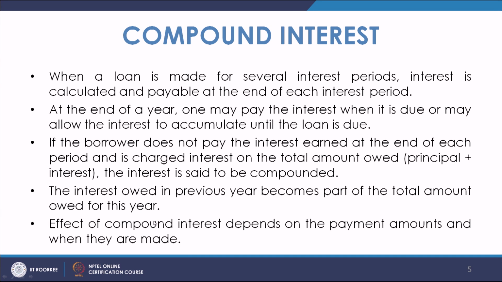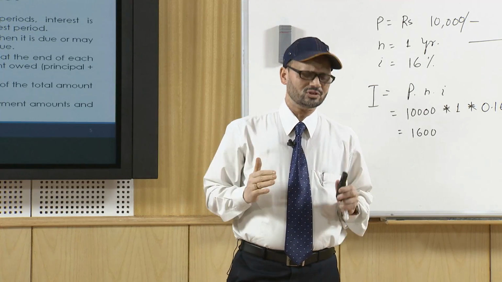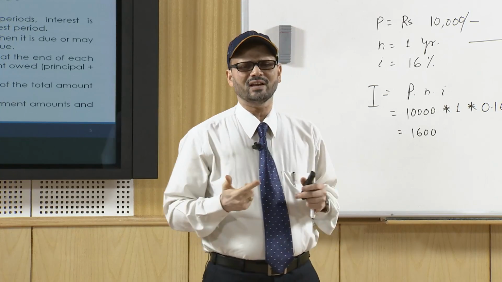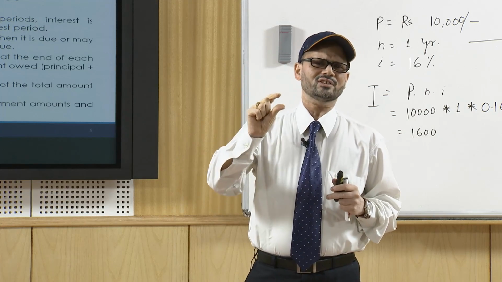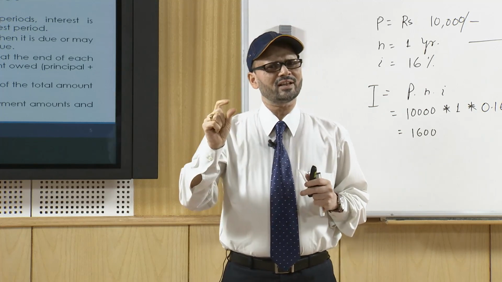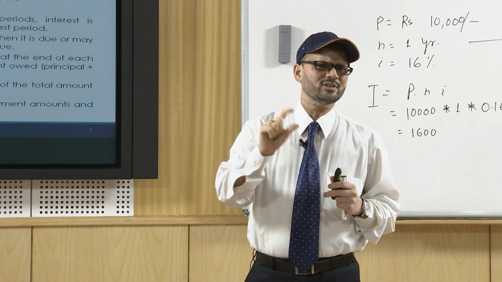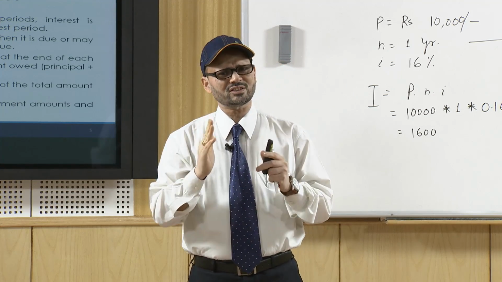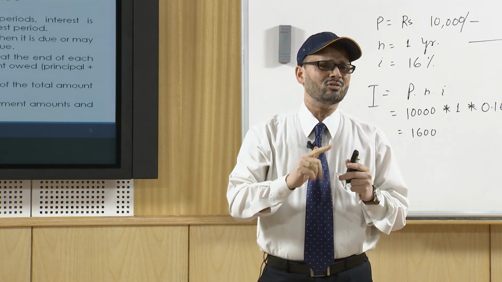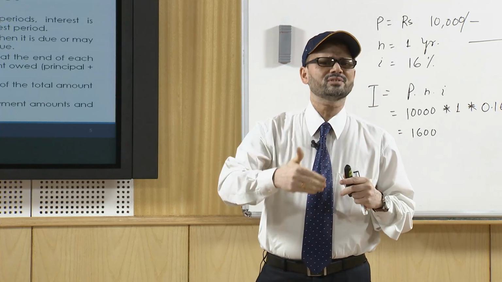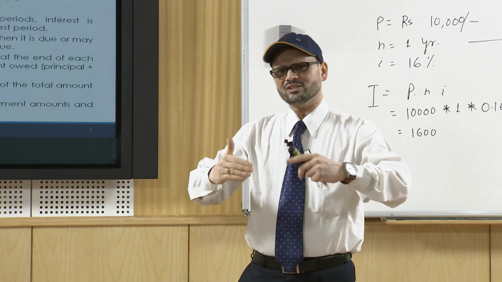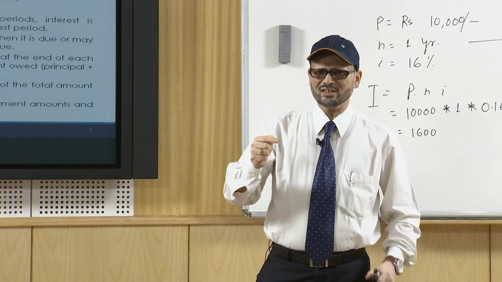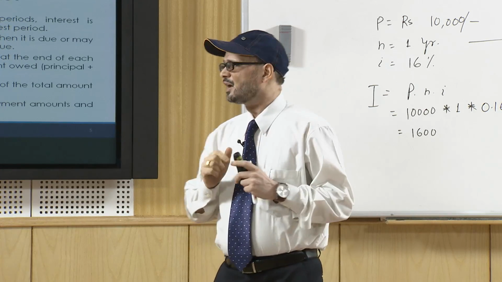So, if you have a certain amount at a certain interest rate, at the end of the first year you will have certain interest generated. This interest is added to the principal, and this principal plus interest becomes the principal amount at the beginning of the second year, and in the second year the interest will be a percentage of this summed amount.